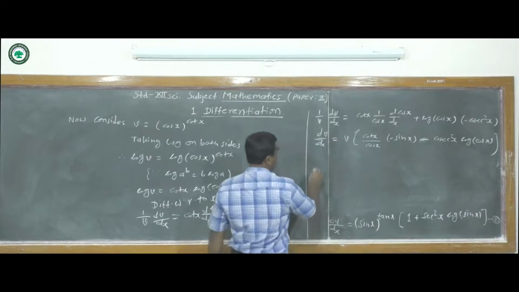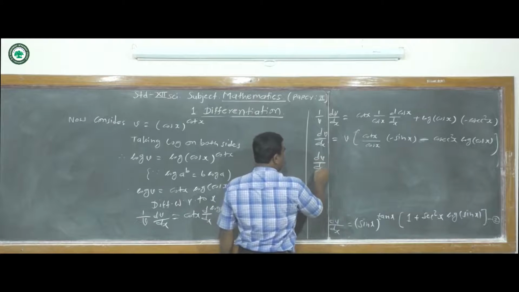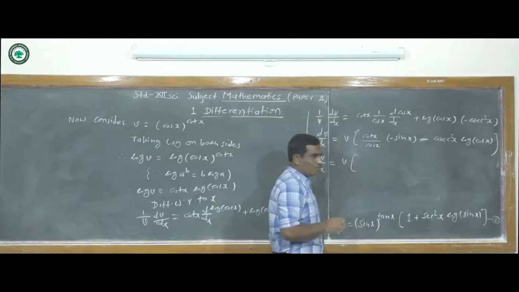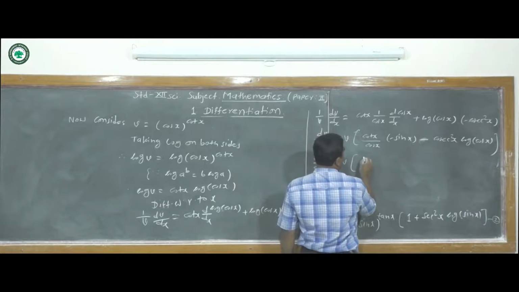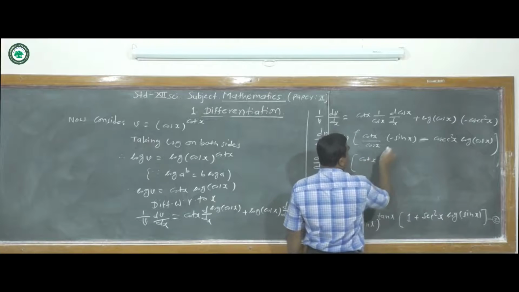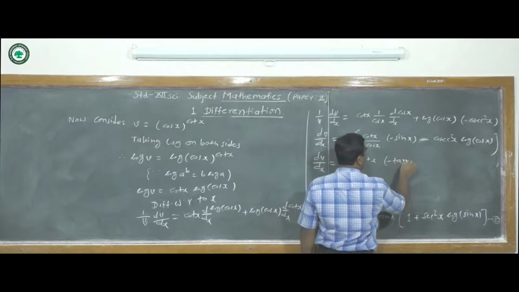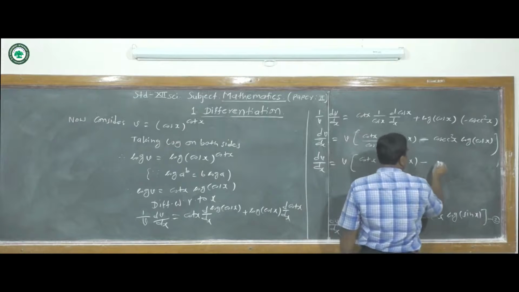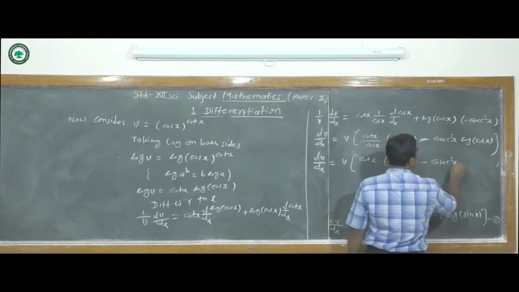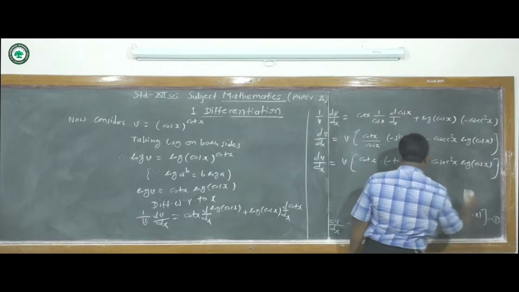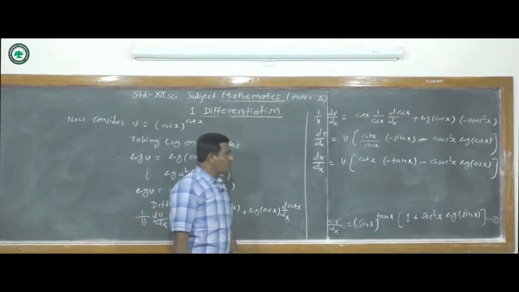So dv by dx equals v into cot x upon cos x, sin x upon cos x means tan x, minus tan x minus cosec square x into log of cos x. Now finally put the value of v.